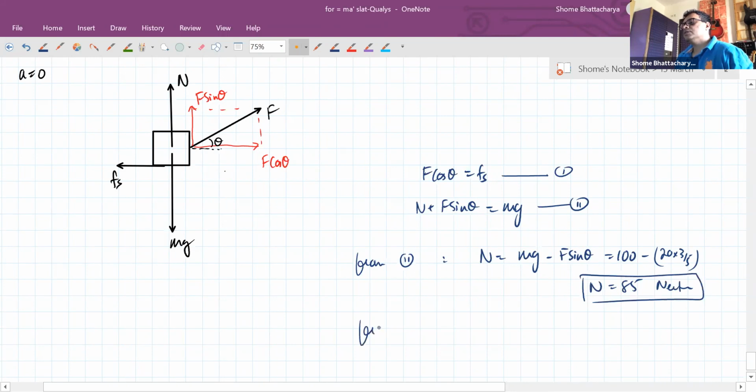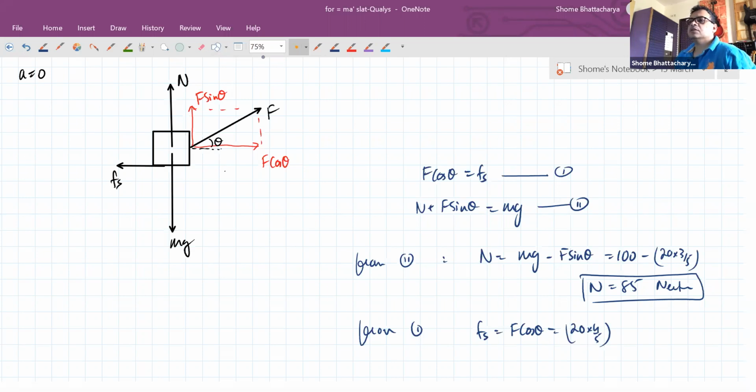And from the first equation, we are getting static friction acting is 20 times 4 by 5. Sir, mass is 5 kg. Oh, mass is 5 kg, my mistake.